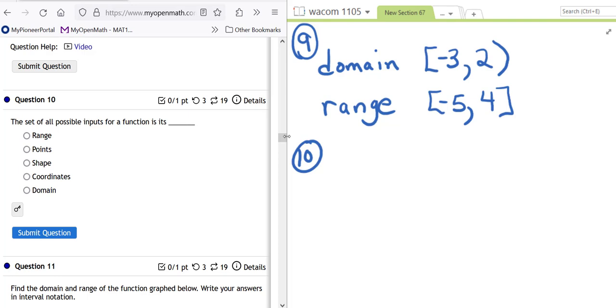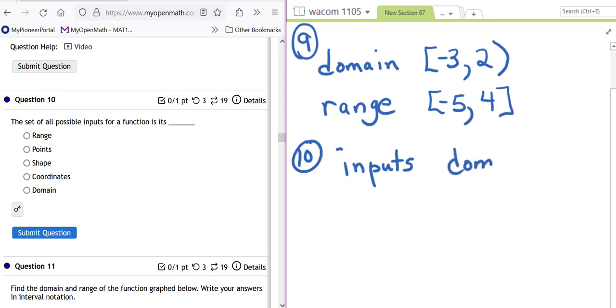What you put in is X. You plug in X. So this is going to be a domain. The inputs are domain, what you put in.